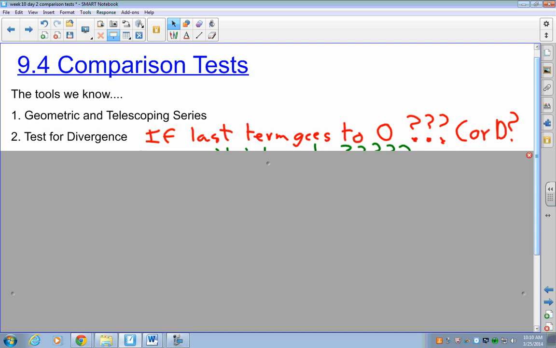You know how they converge, and you can actually tell me what they converge to, which is really nice. The test for divergence is only for divergence. On those, you're hoping it doesn't go to 0 because then it blows up. But if it goes to 0, you're like, uh-oh, I don't know what to do. So it's either converge or diverge, and then you have to go do another test.